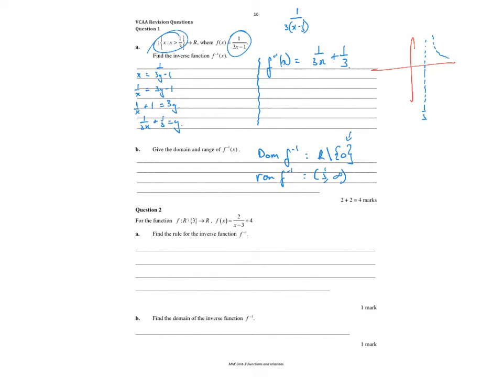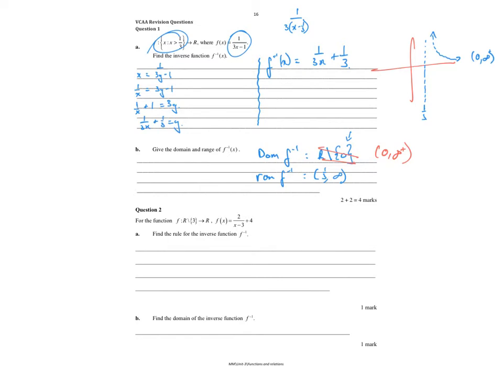So that's the original graph there. It actually has a range, doesn't it, from 0 to infinity. So let's put a big line through that one. And so the domain of this particular function is going to be from 0 to infinity. It's lucky we picked that one up.